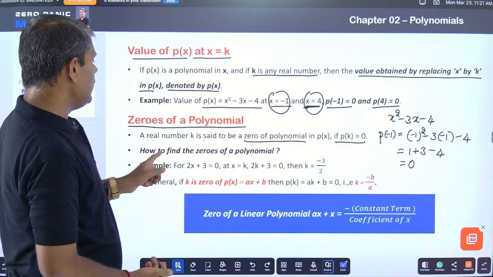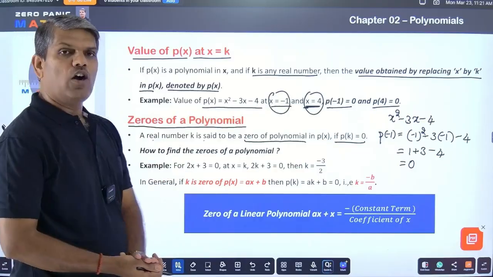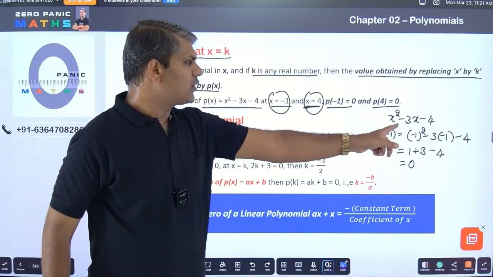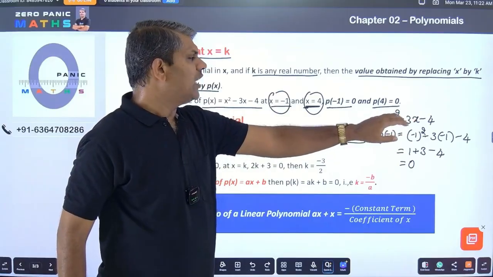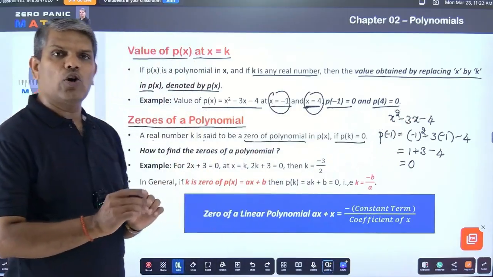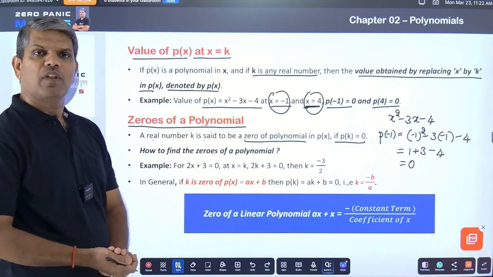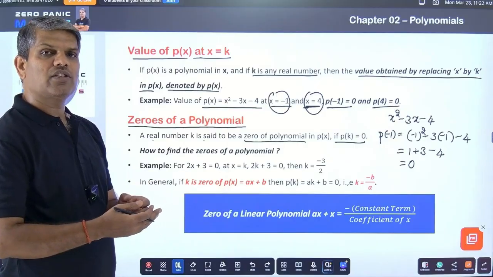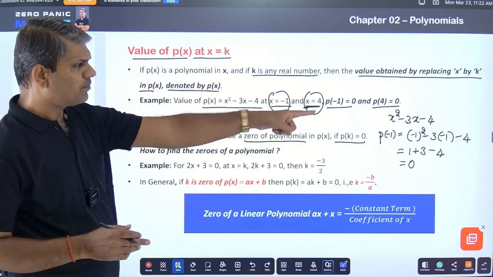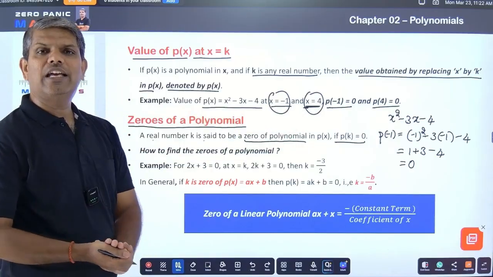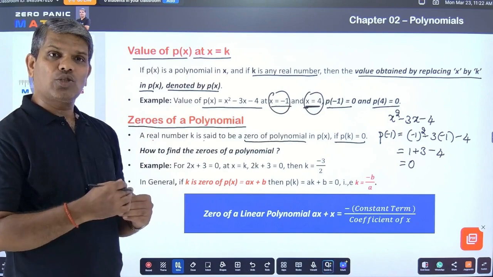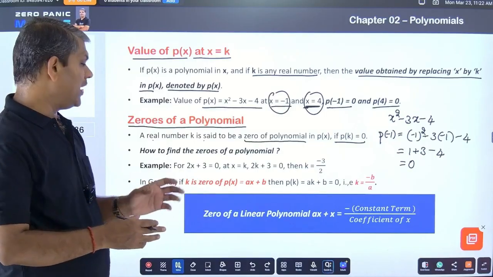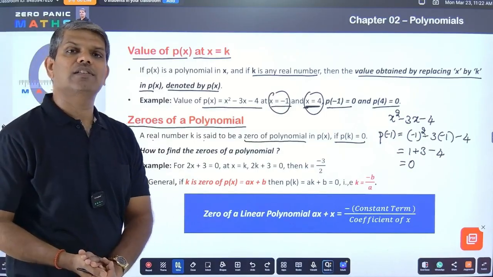Now how do we find the zero of a polynomial? That is very simple. You should start by equating the given equation to 0 and solving that equation. There are different methods to solve that equation. If you solve the equation by equating it to 0, that gives you the value that makes the polynomial 0, and that is the way to find the zero of a polynomial.